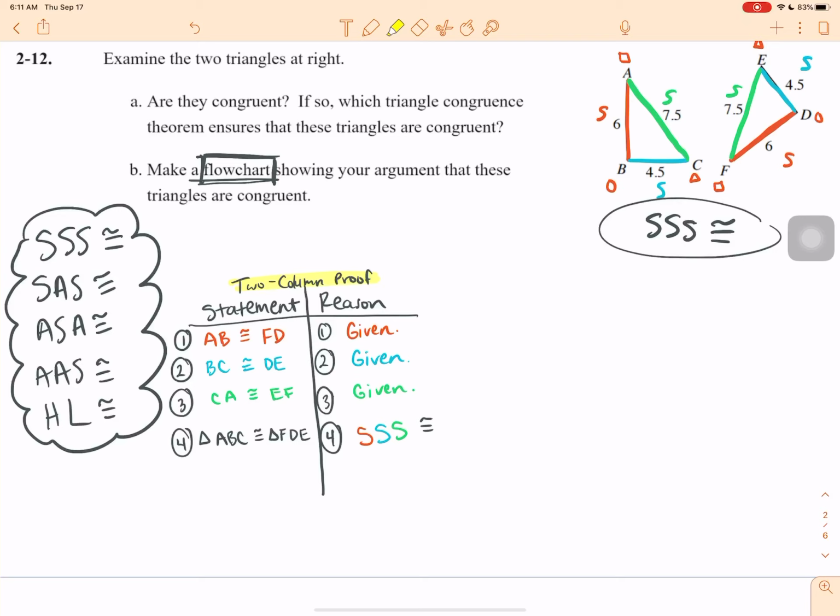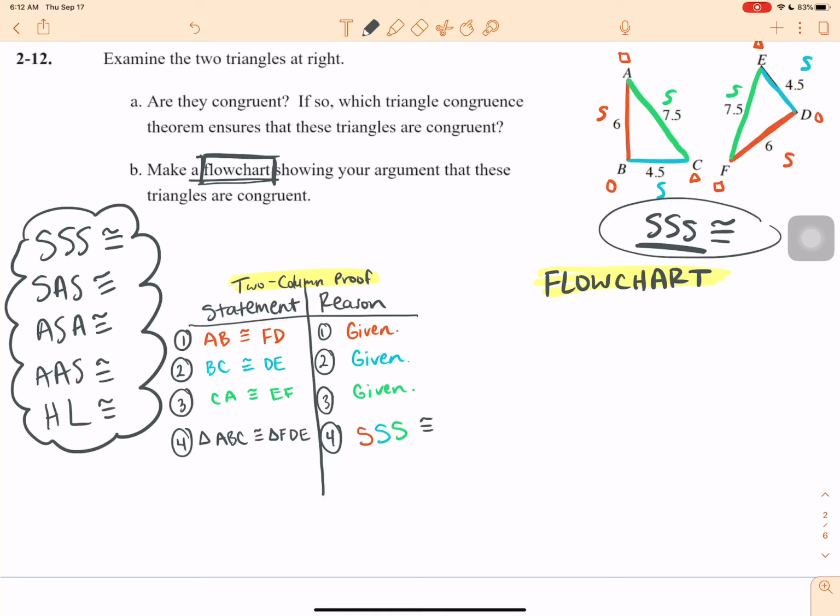So there's 2 different ways to write proofs. The 2 columns is one way, and then the flow chart is another way that you're going to want to understand how it looks. So you have bubbles with the flow chart. Okay, it's still the same information, but here, since I have 3 parts to this triangle congruency, again, if I only had 2 parts over here for HL, I would just have 2 bubbles.